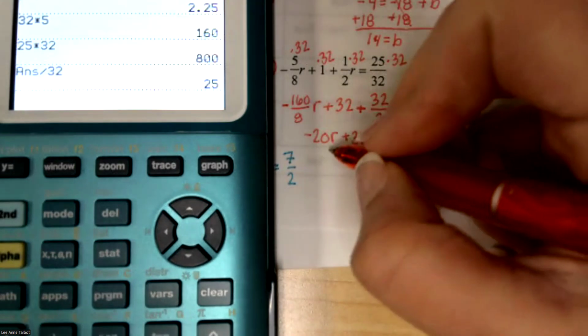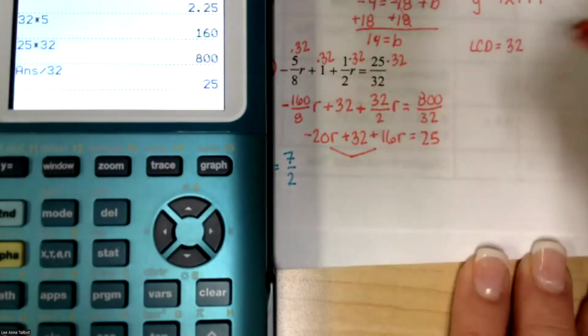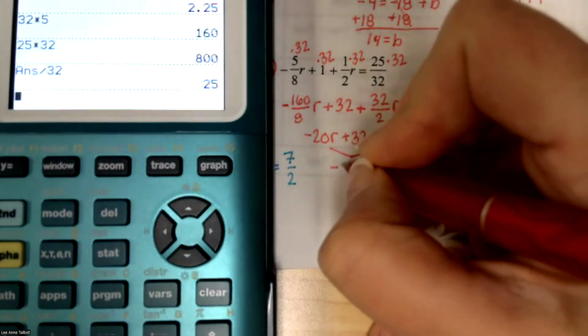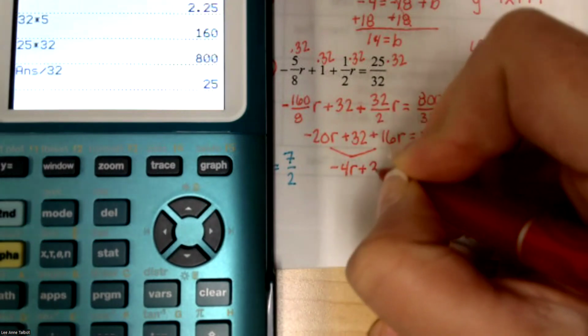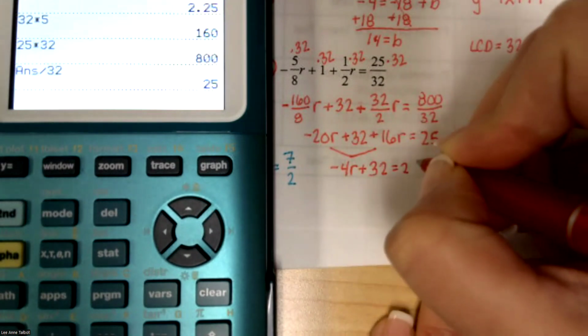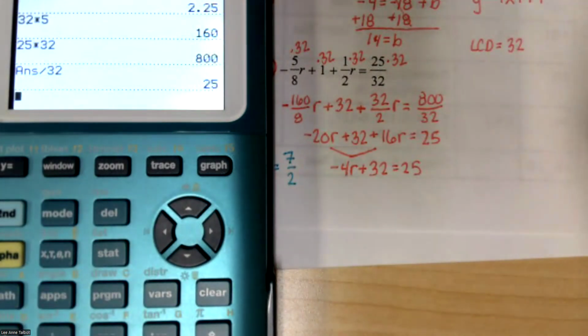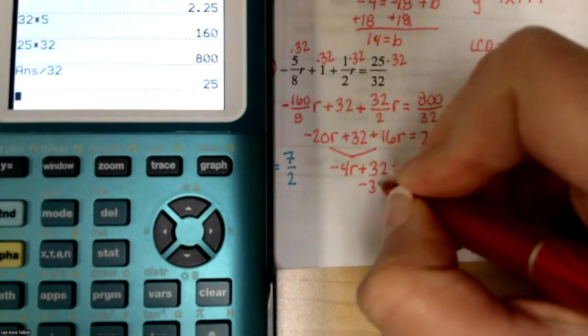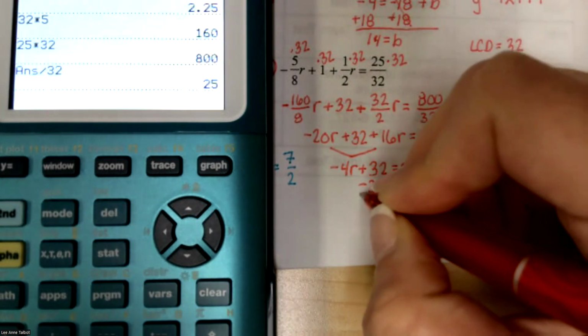Oh, that's cool. Okay. Combine -4R plus 32 equals 25 minus 32.